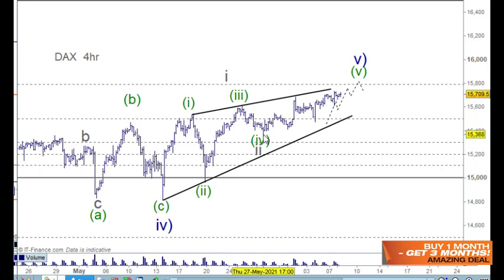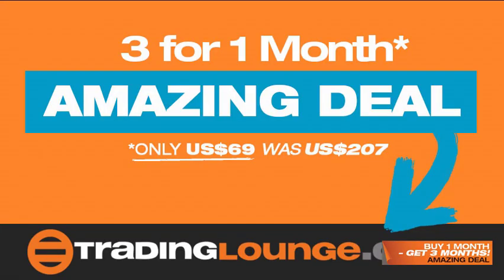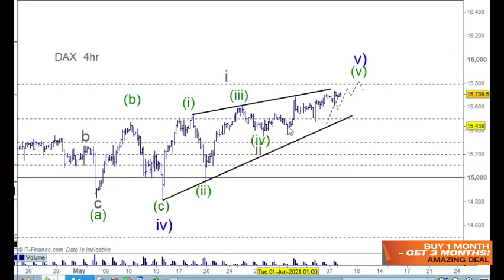And going up for wave 5, we look for 5 waves. So we can look at this as being 1 and 2 and 3, A, B, C for 4, and then going up for wave 5 here. We can have a closer look at that in a moment.